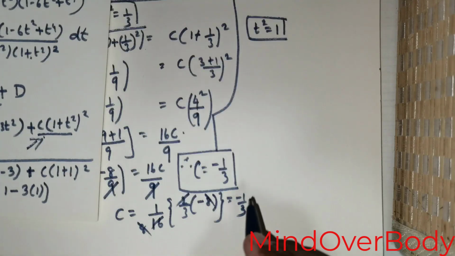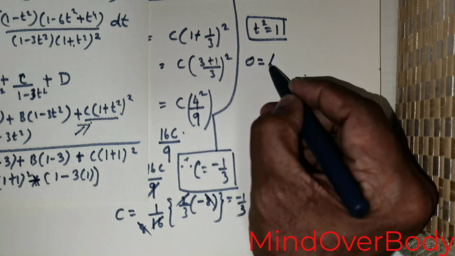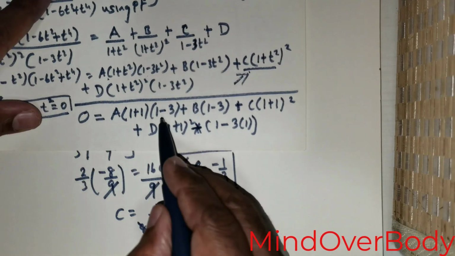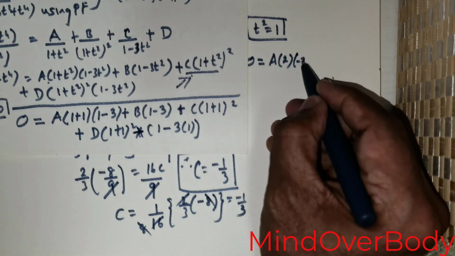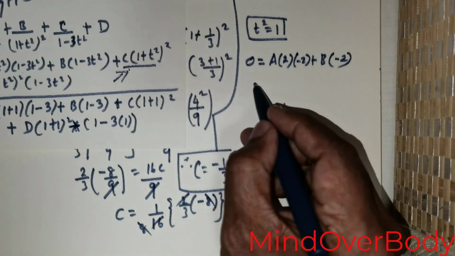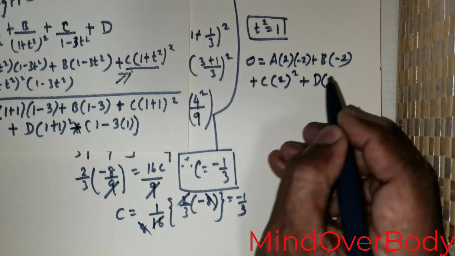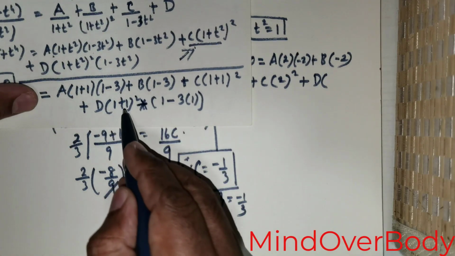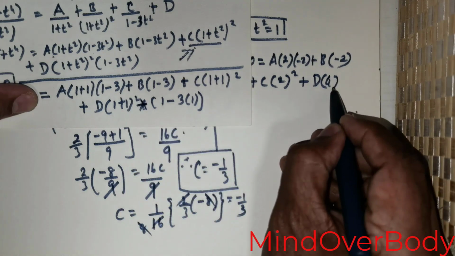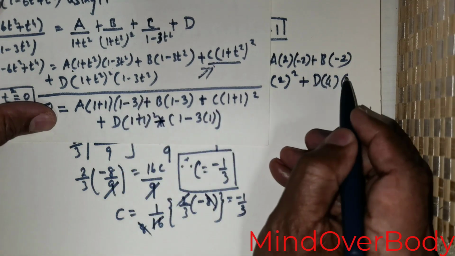So we will have to evaluate this. Left hand side is 0. This is equal to a of 2 times (1 negative 3), which gives me minus 2, followed by b of (1 negative 3), which gives me negative 2, followed by c of (1 positive 1), which is 2 raised to the power 2, followed by d of (1 positive 1) which is 2 squared, that's going to be 4, and then (1 negative 3), that's going to be negative 2.